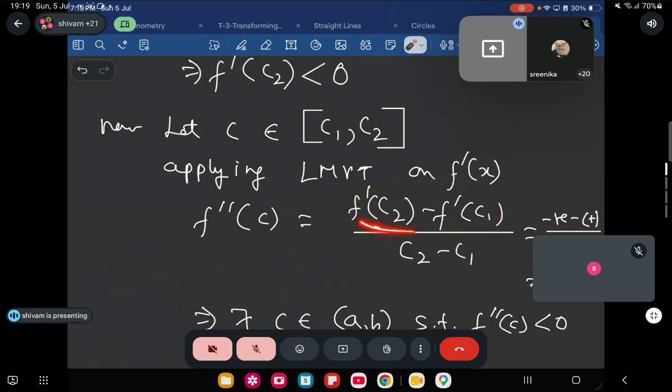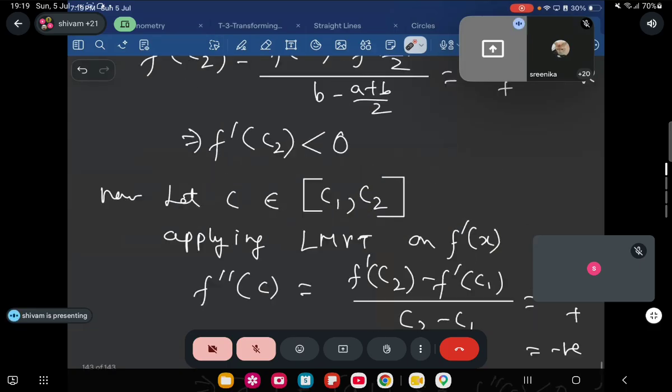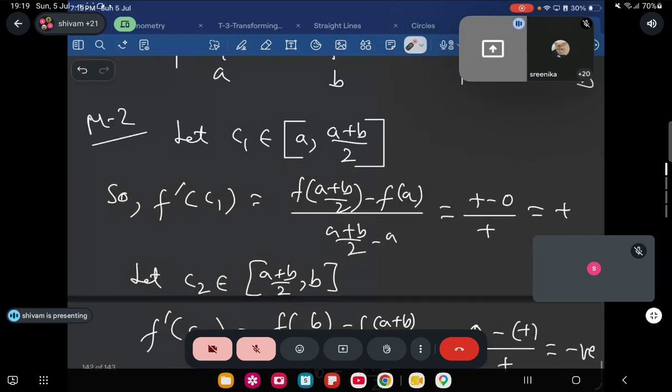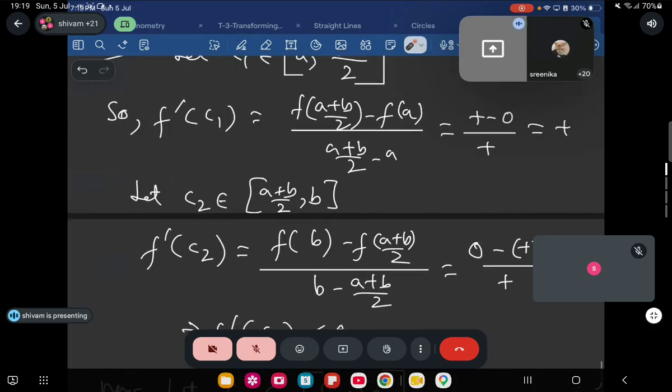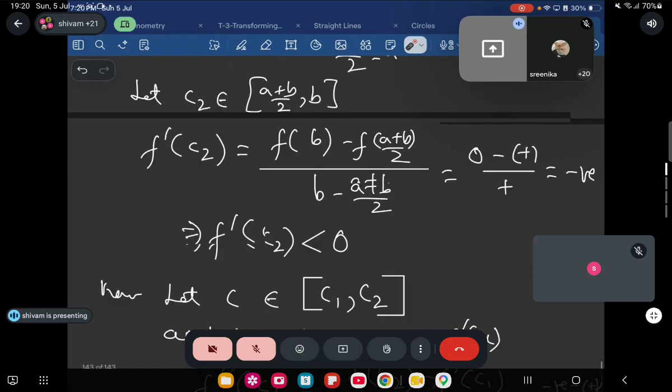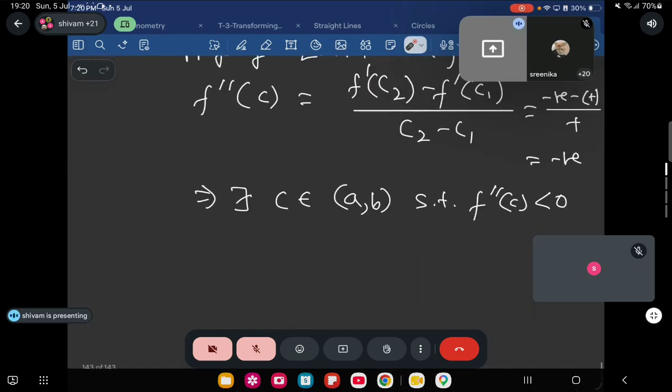For the numerator to be positive, f dash c2 has to be greater than f dash c1. From here it will be difficult, like c2 I have taken from ((a plus b)/2, b). Let me think. I'll tell you how we can prove that it is positive, but currently this is what we can derive.